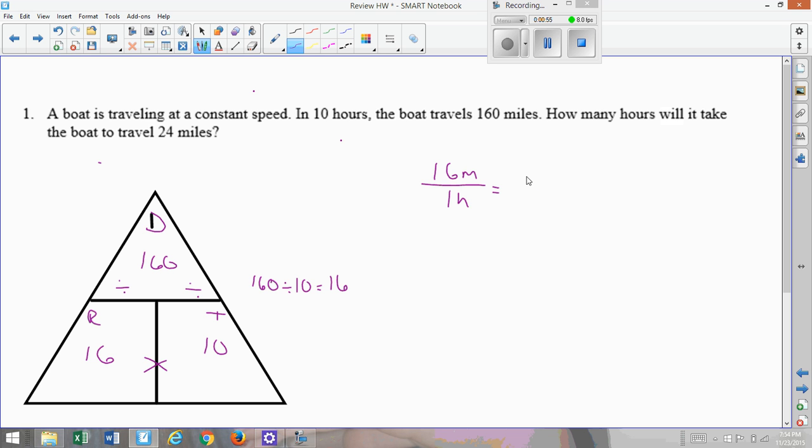That equals how long to go 24 miles. That's our question.